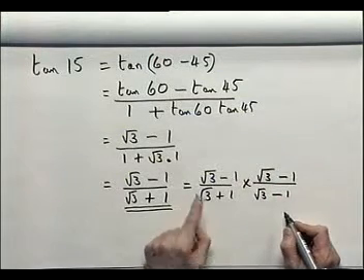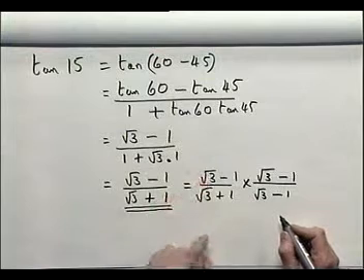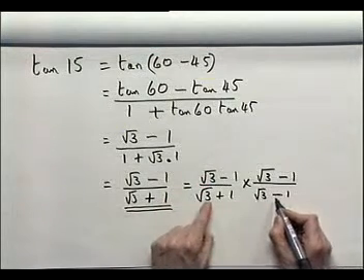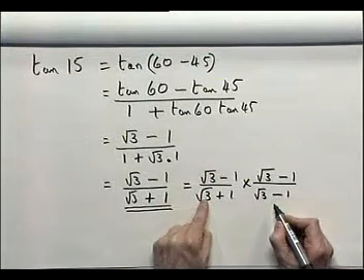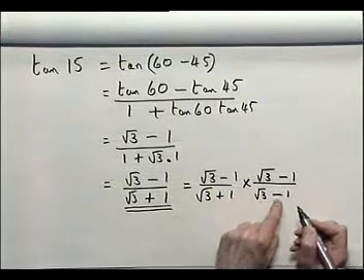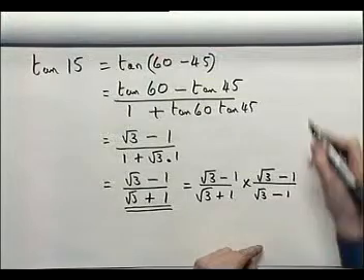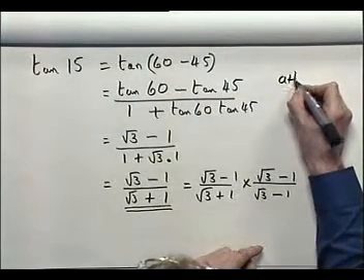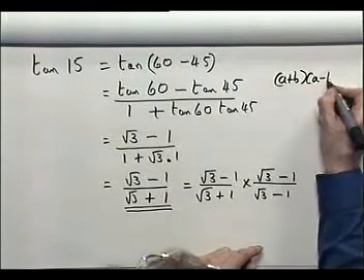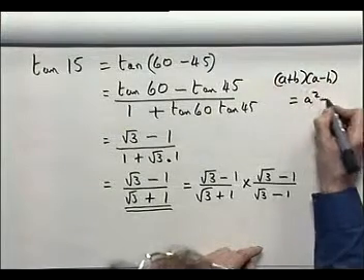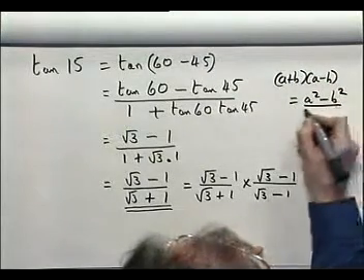Not because that's what's in the numerator there, but because this is the difference of two squares, a plus b, a minus b. And a plus b times by a minus b, let's just write that down up here, is a squared minus b squared.